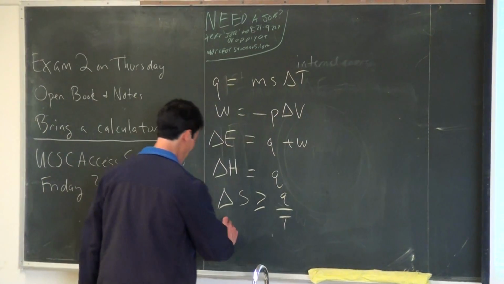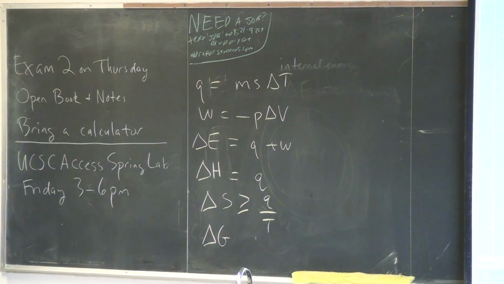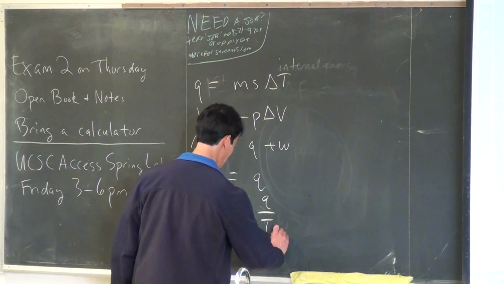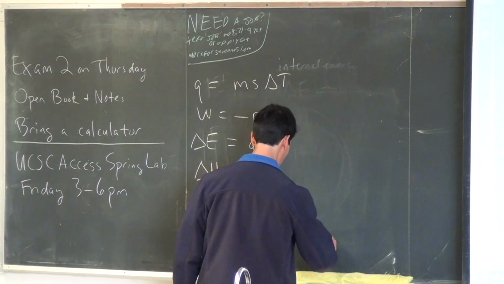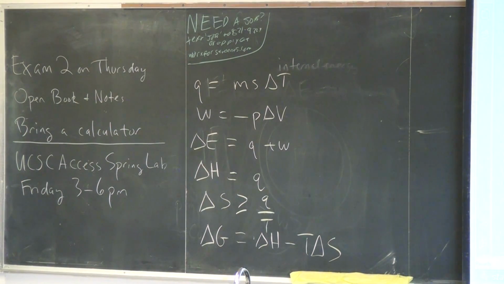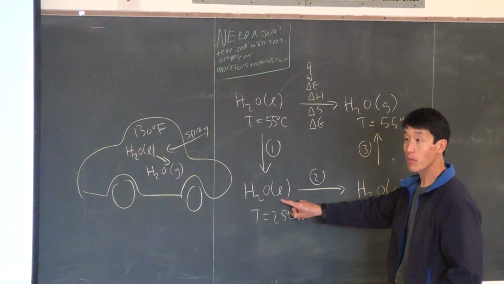And then finally for delta G, how do we calculate delta G? That's equal to delta H minus T delta S. So if we go back to step 1, can we measure Q for this step, going from H2O liquid at 55 degrees to H2O liquid at 25 degrees?